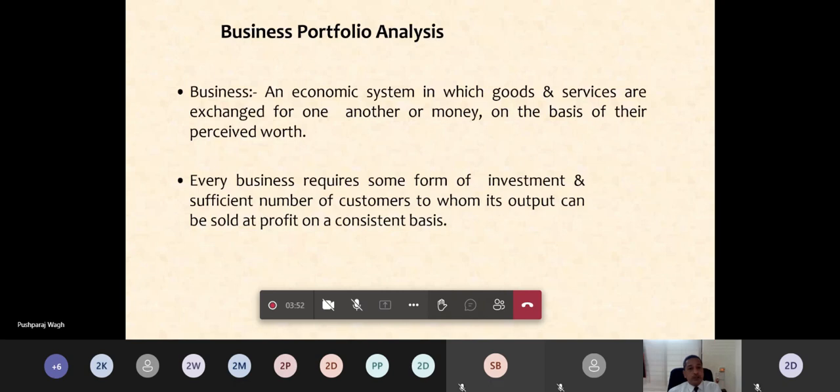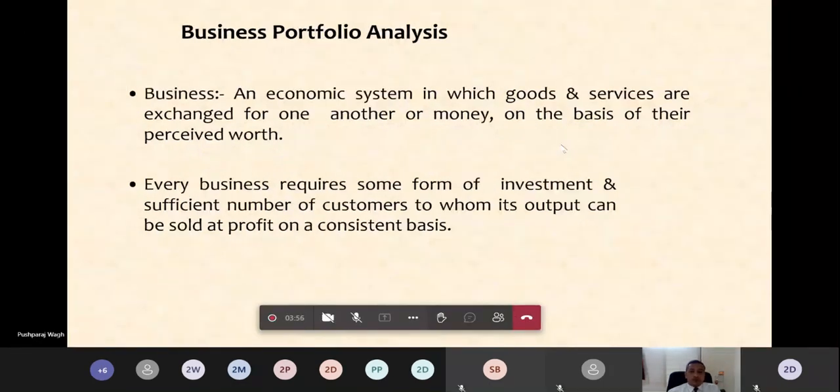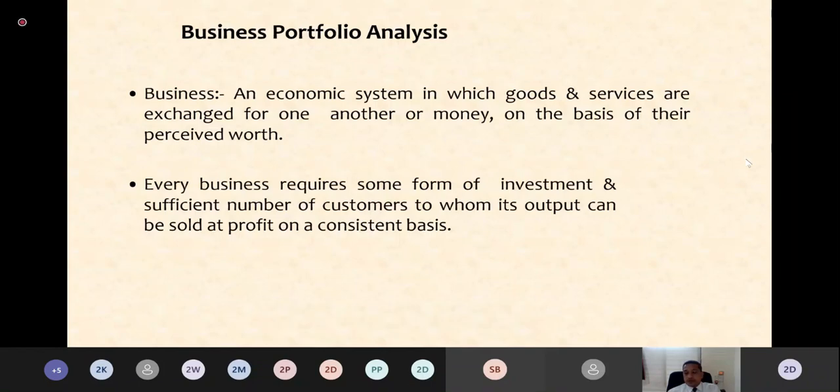Also, there have to be customers who are ready to purchase the products or services that you are generating, and that too on a consistent, regular basis, and only then can the business survive. So this definition shows what a business is.